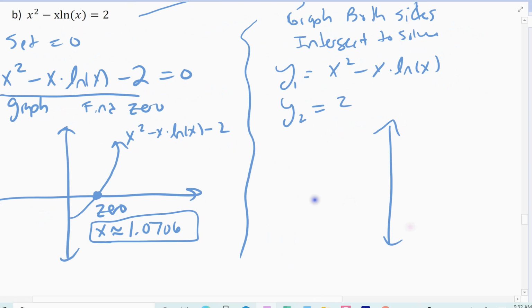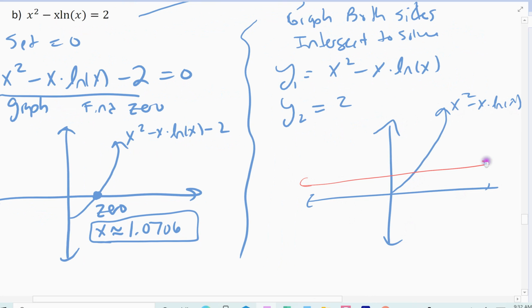The first graph looks very similar. It's just been shifted up a little bit. There's the x squared minus x times natural log of x, and then you get your horizontal line, y equals 2. And then you find where they intersect. We want to find the x value, and so you use the intersect. It gives you the same thing.